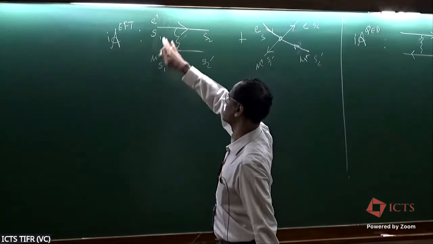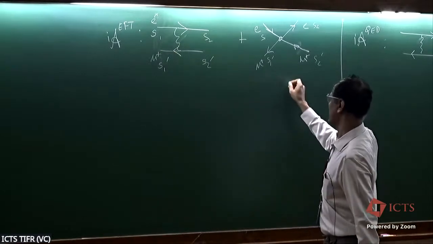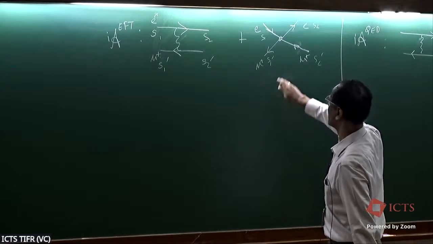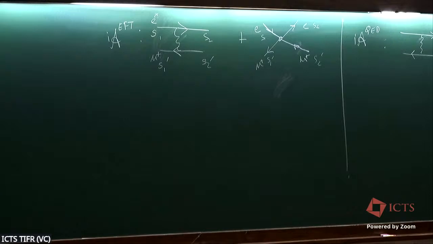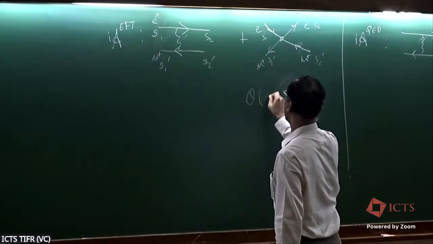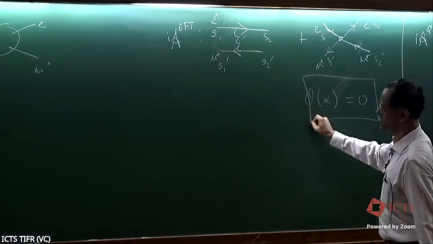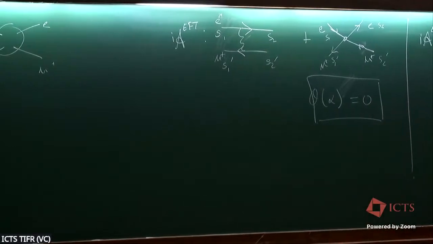So for a system like electron mu plus, what I get is that even at order alpha, so we said that this will start at order alpha, but even at order alpha, this gives me 0. So all these D's are 0 at this order.